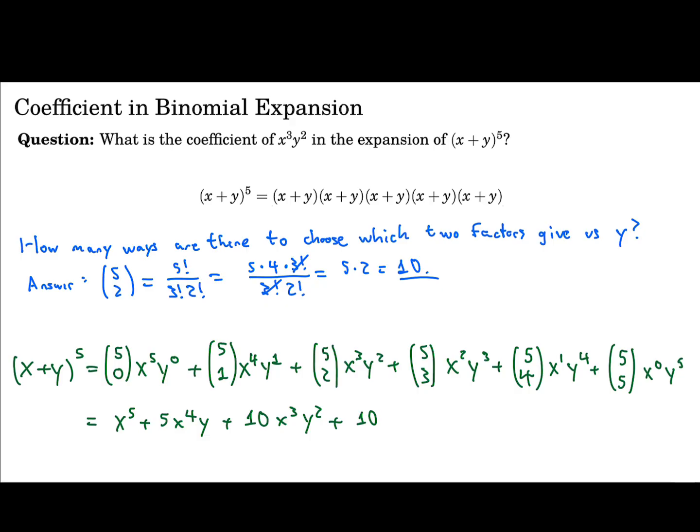We'll talk about this. x squared y cubed, and 5 choose 4 is going to be 5. So this will be 5 x y to the 4, plus 1. 5 choose 5 will be 1, just y to the 5th.